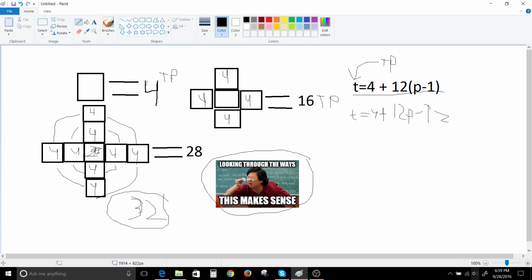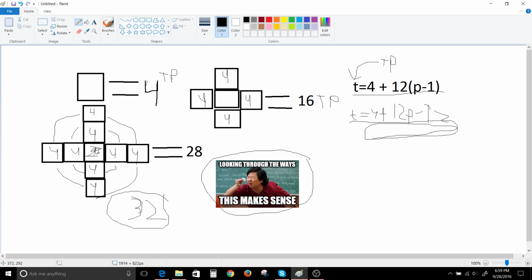So what we would really be saying here is the 12 pieces, and then we take away 12 and add 4. It makes no sense to me. If someone can explain this to me, that'd be great, because the formula did not help.